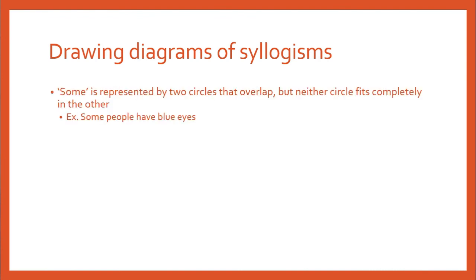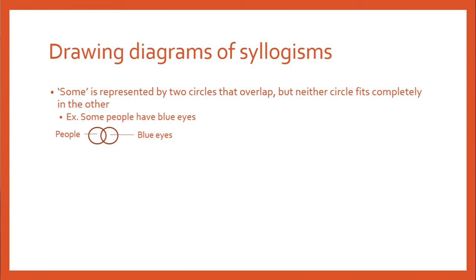And the last one is "some," which you draw a diagram of by having two circles that overlap, but the circles are not completely inside each other. So when you say "some people have blue eyes," you draw a people circle, and that has to overlap with a blue eyes circle.